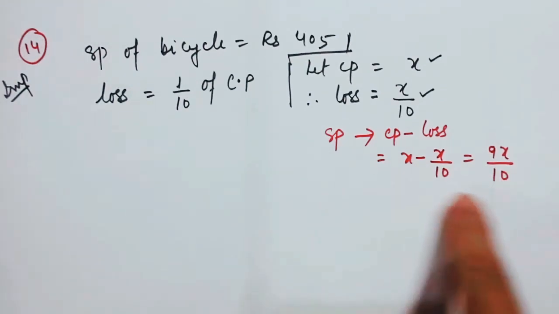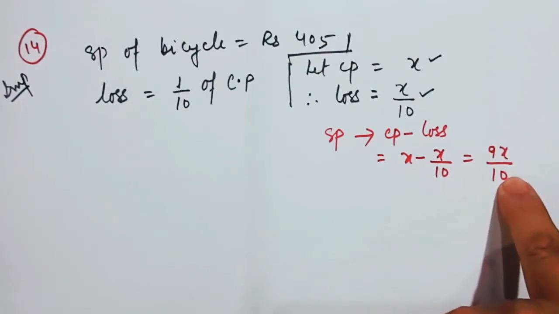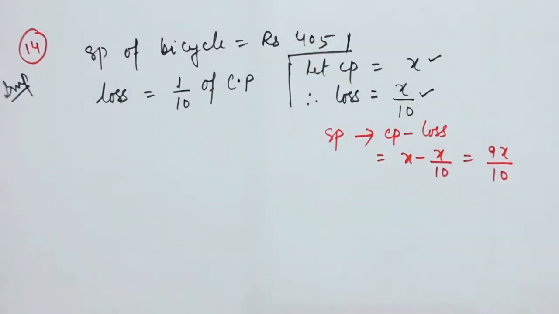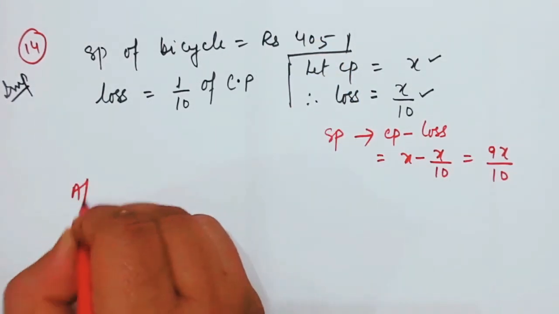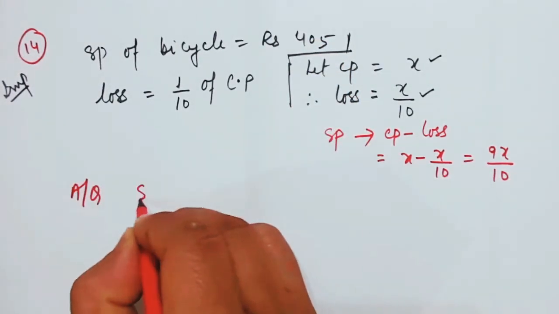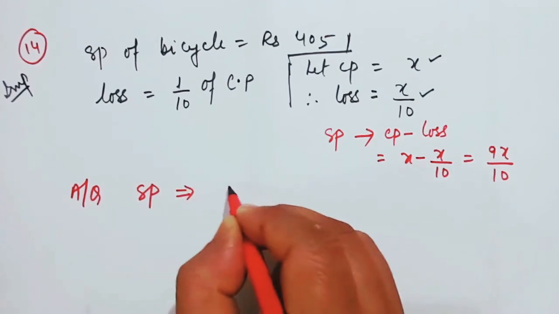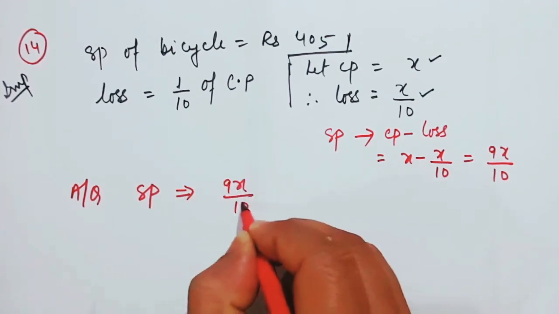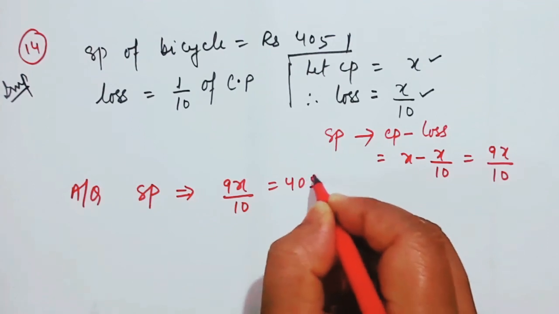So this is the selling price, and they are saying that the selling price is 405. According to the question, the selling price 9X by 10 equal to 405.